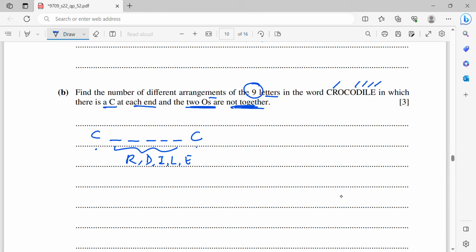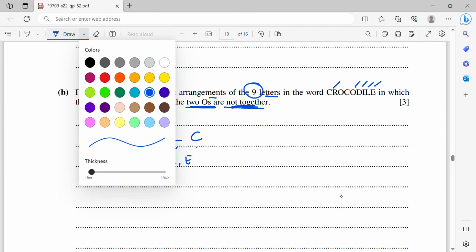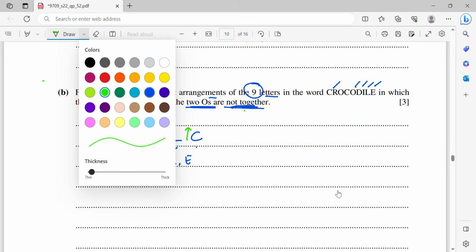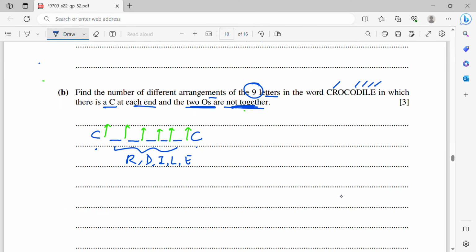To make sure the 2 O's are not together, my O can be in any of these places. If you consider any of these green arrows for the 2 O's, that means the 2 O's definitely won't be together. So that is the whole concept of this question. Now, this is arrangements. Firstly, I will arrange.